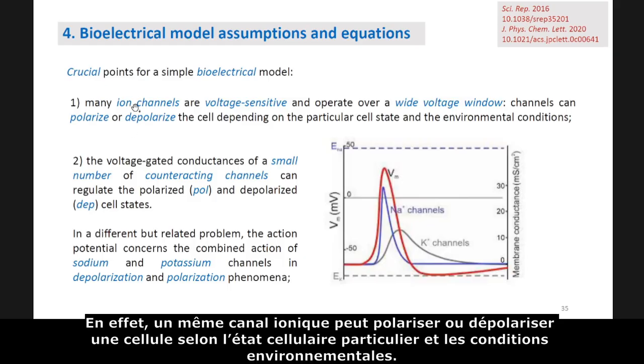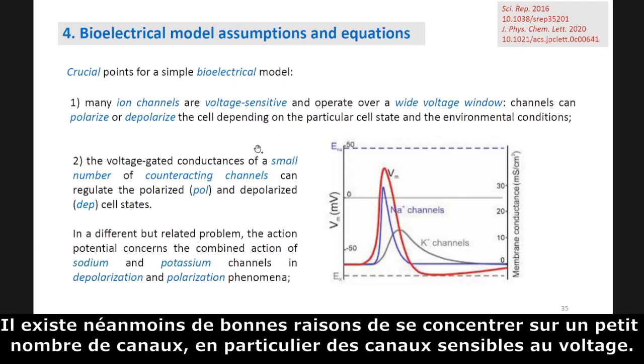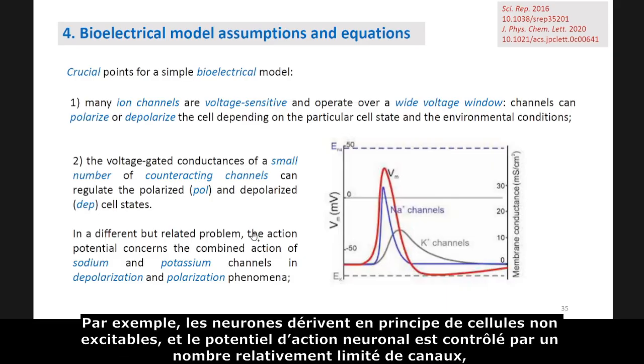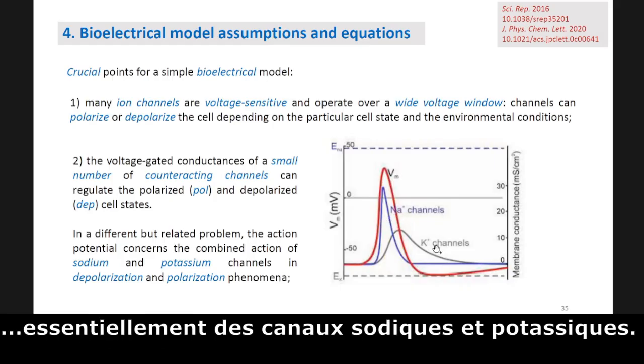A given ion channel can polarize or depolarize the cell depending on the particular cell state and environmental condition. First, there should be some reason to consider a small number of channels, and especially voltage-sensitive channels, because neurons, in principle, come from non-excitable cells, and neurons are, in the case of the action potential, controlled by a relatively small number, in this case, sodium and potassium channels.